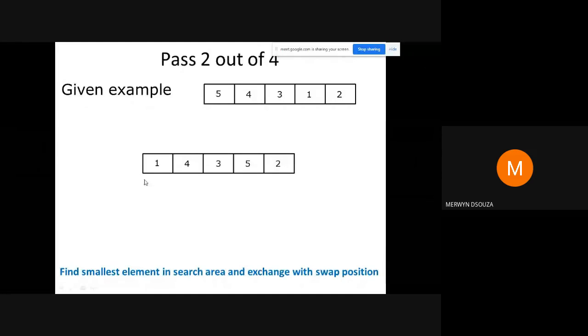Now we start our search area from the next element. With respect to your array, this is at index 0 and this is at index 1, so we start from index 1 for the search area of your second iteration. All the elements starting from index 1 will be included in the search area, so it will look like this.